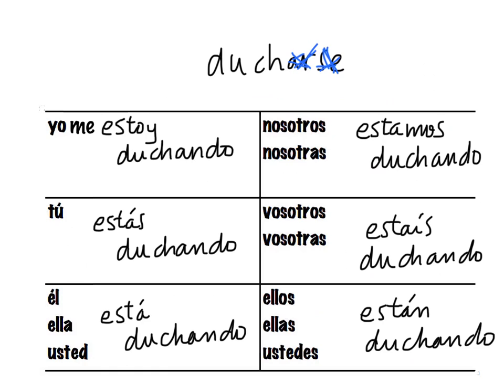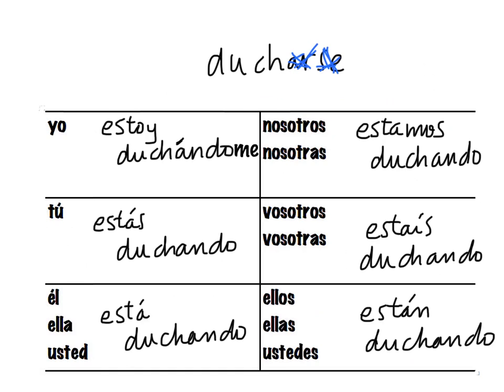Or, actually, you have another option. Yo estoy duchándome. Estoy duchándome. And that needs a little accent written there. So I'm going to put that in so my Spanish teacher license is not revoked. So for the me, te, se, nos, os, and se, for reflexive pronouns, you have a choice of putting them before or after.